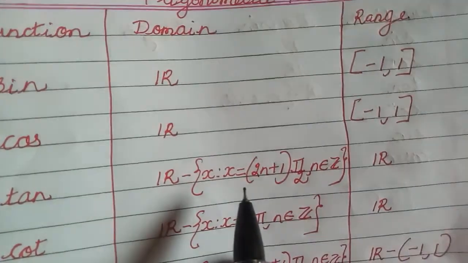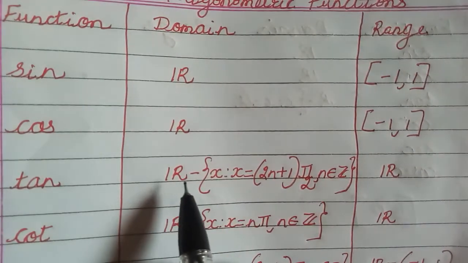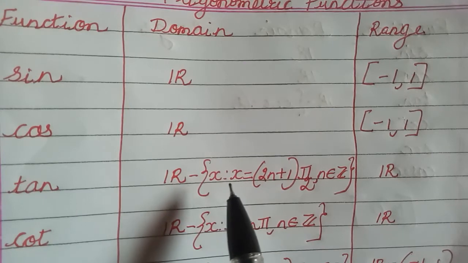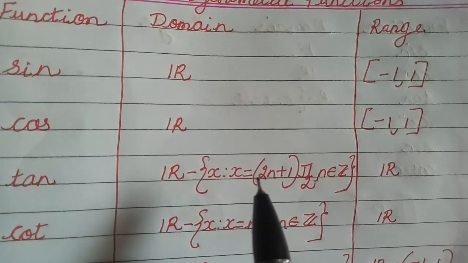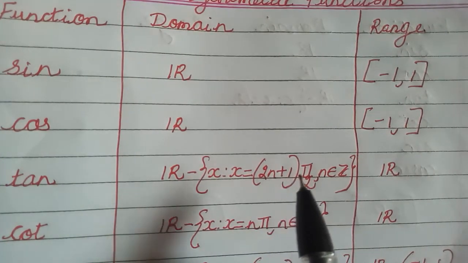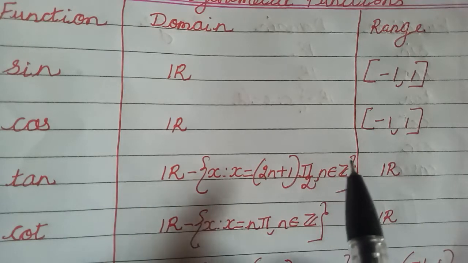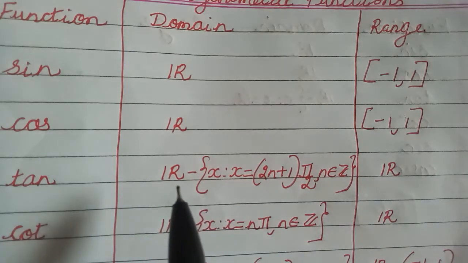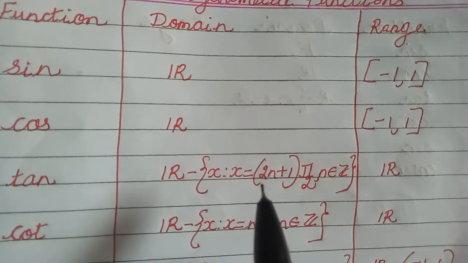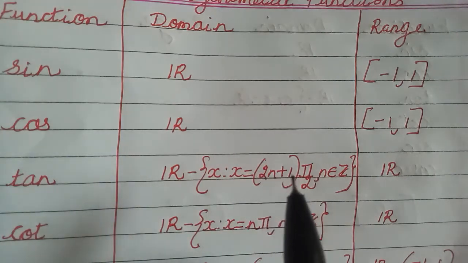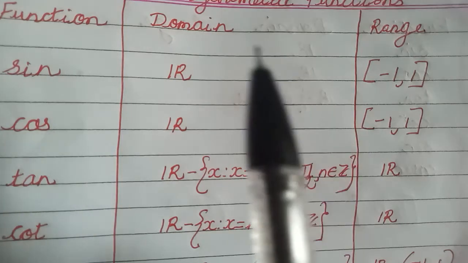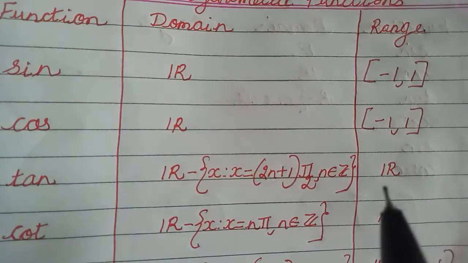The domain was defined to be real numbers minus the collection of all x such that x is equal to (2n plus 1) pi by 2, that means odd multiples of pi by 2, where n is an integer. That means from the real numbers you are removing all odd multiples of pi by 2 and taking it as the domain. Then the range will be R.